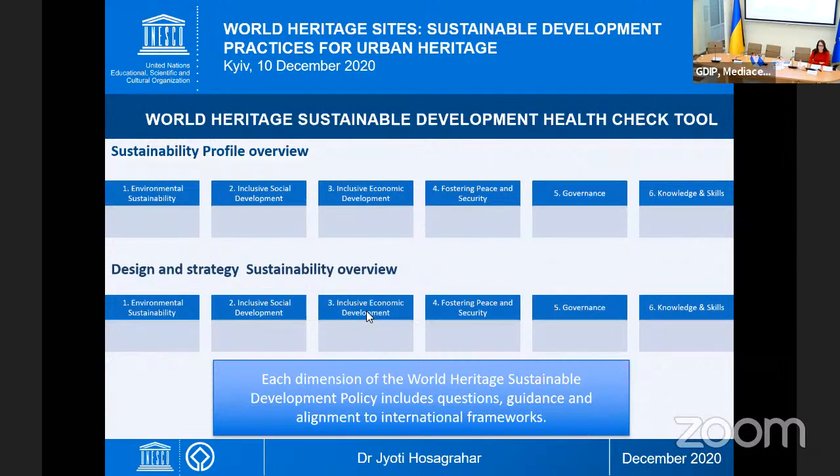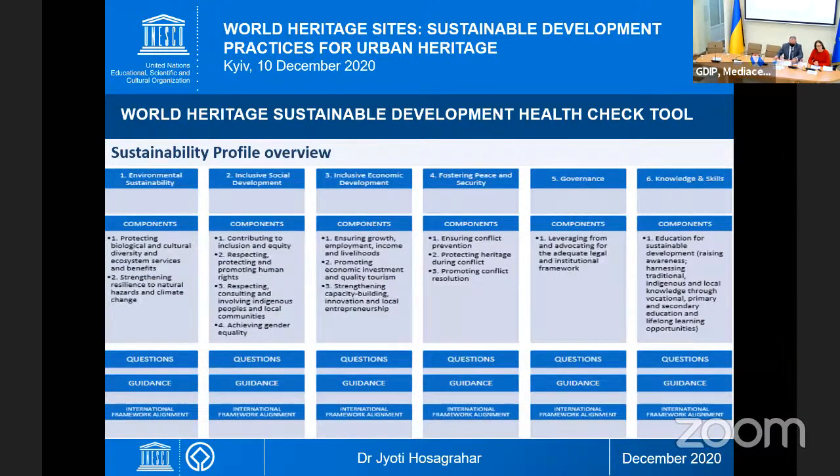It is a self-assessment questionnaire that gives an overall view of the health condition of sustainability of either a project or design intervention, or the general health check for the World Heritage property or at a national level. This gives an alignment overall, and gives you an idea of the type of issues that could be looked into, just as a glimpse.